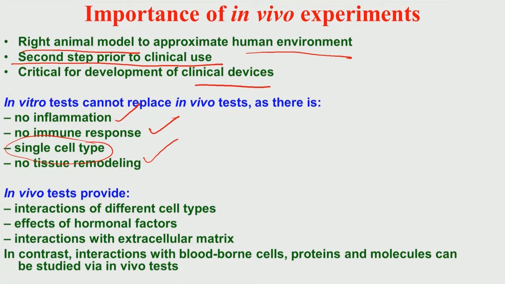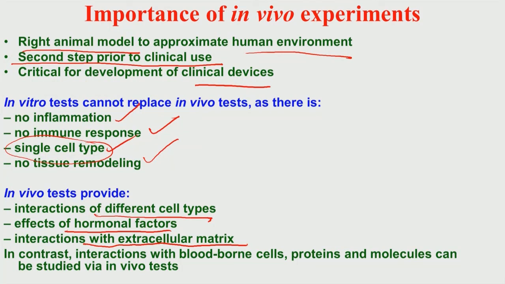And fourth, no tissue remodeling can be assessed in vitro. Therefore, in vivo tests are crucial and they provide interactions of different cell types. It also allows you to understand the effect of hormonal factors. Third, it also allows you to understand the effect of extracellular matrix.